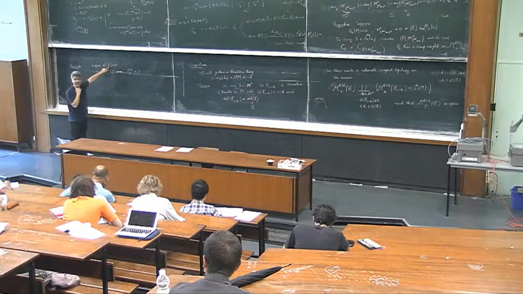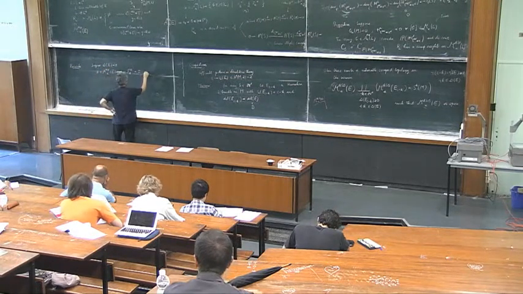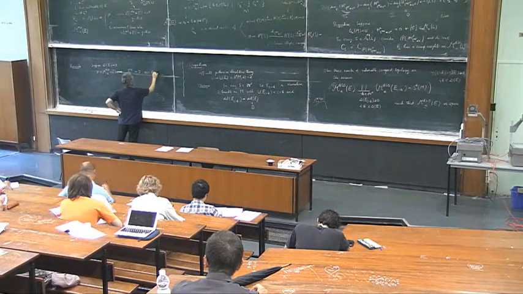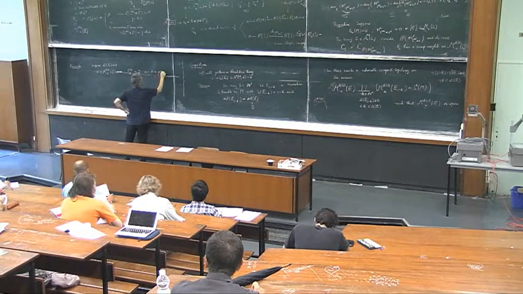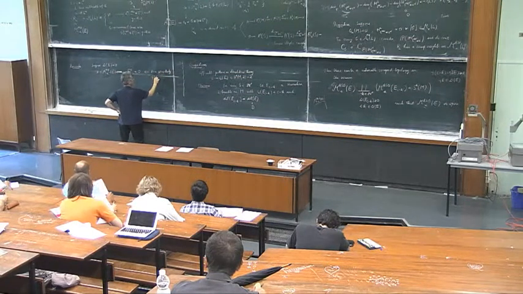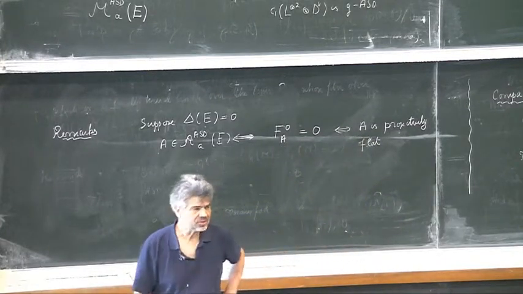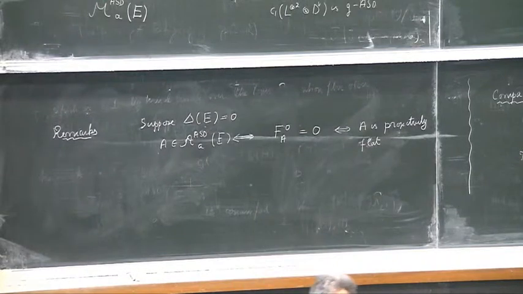If the condition holds, this means that A is projectively flat. Projectively flat. What does this mean? What it means is that if you look at the holonomy associated to such a connection, then the holonomy is scalar. You look at the holonomy around a closed loop.